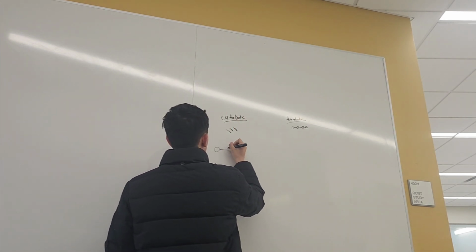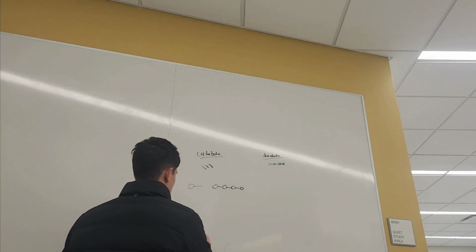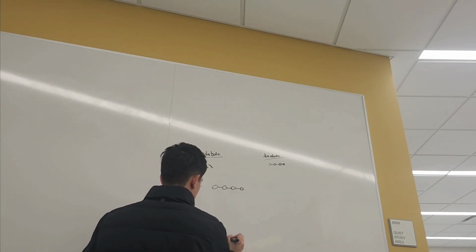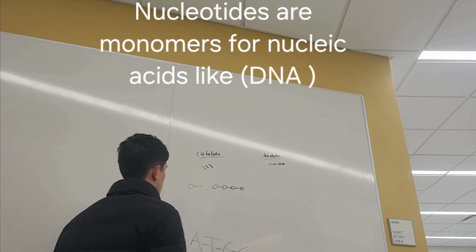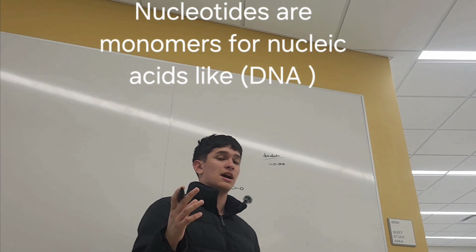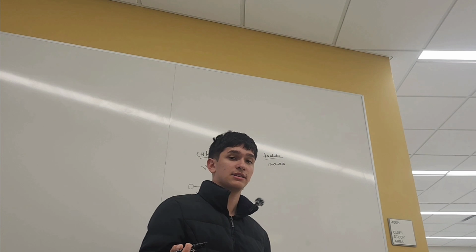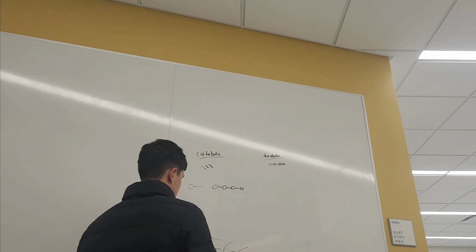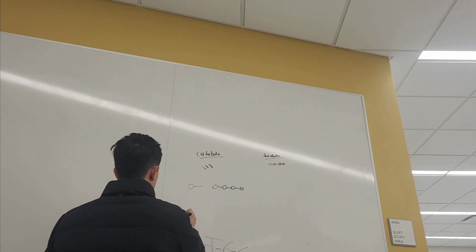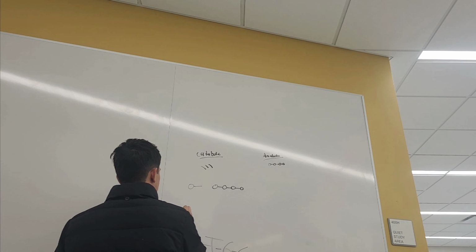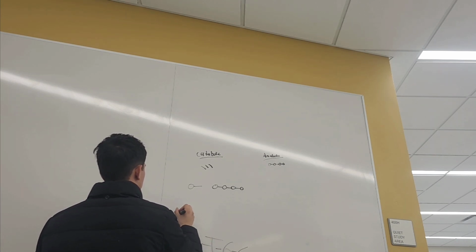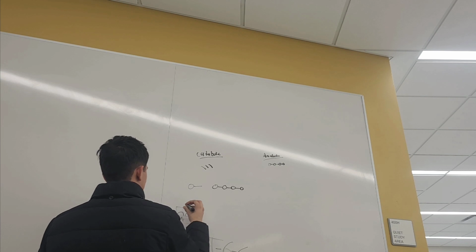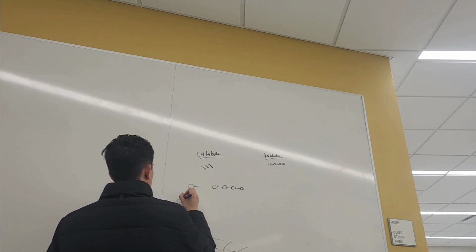Let's think about monomers and polymers. Nucleotides for DNA are A, T, G, C, and amino acids are for proteins. So what's a monomer? You can think of it as a Lego piece. This would be A, this can be T, it's like a single Lego piece.